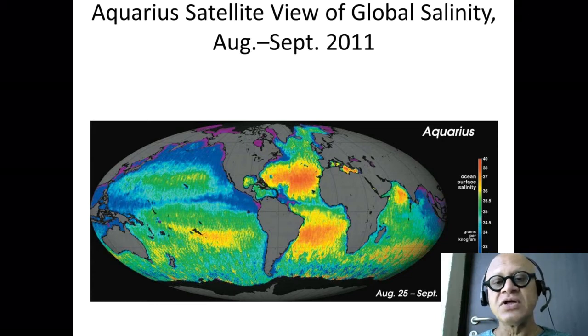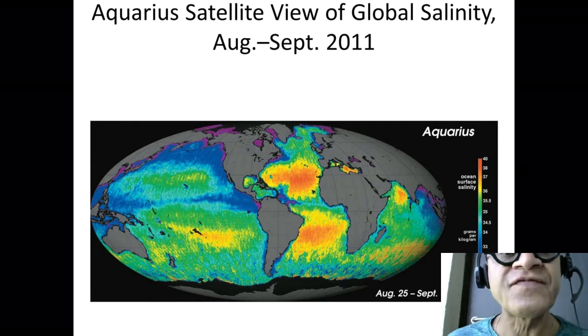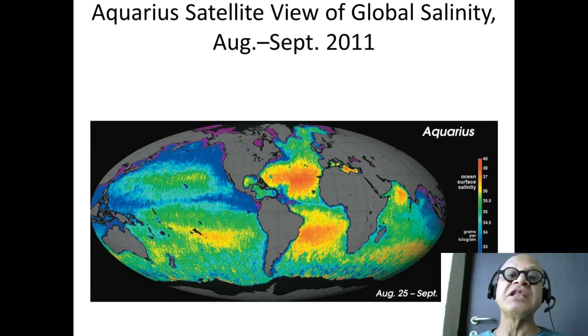So here the map for a couple of months in 2011 is a good indicator of the typical salinity distributions we get in the world ocean. So what do you see? You see, first of all, that the evaporative latitudes have higher salinity than these blue regions, which have low salinity, where the precipitation exceeds evaporation.